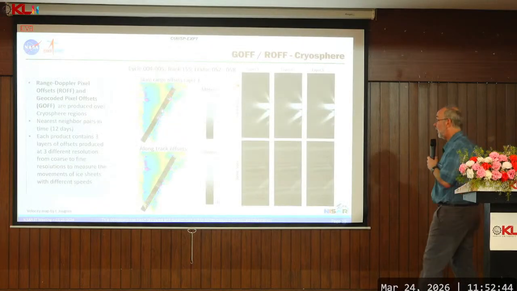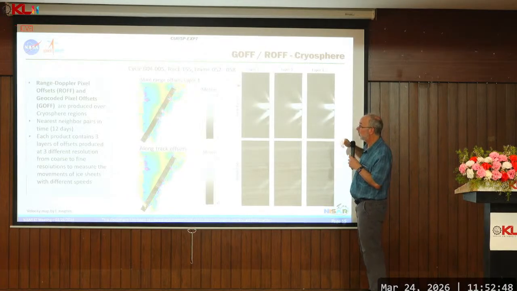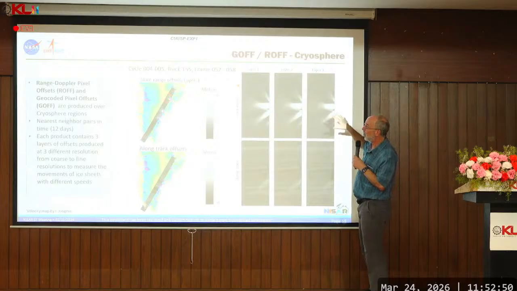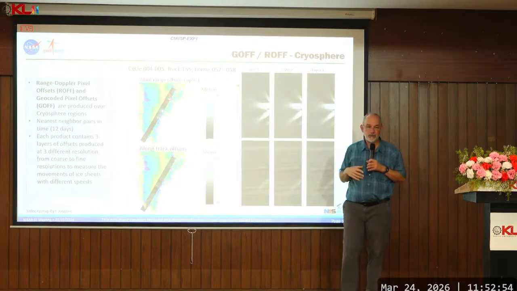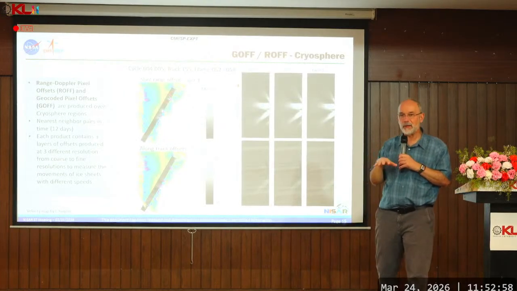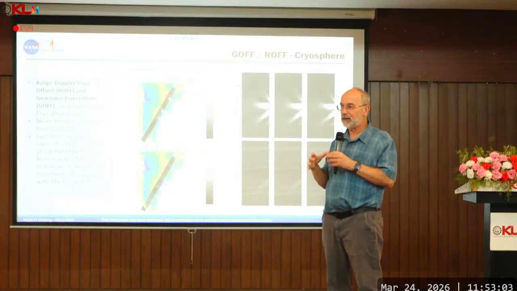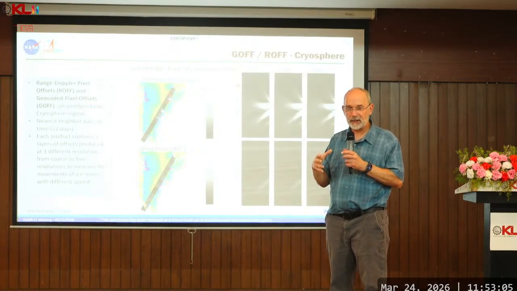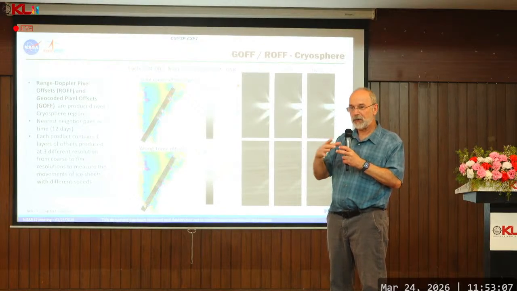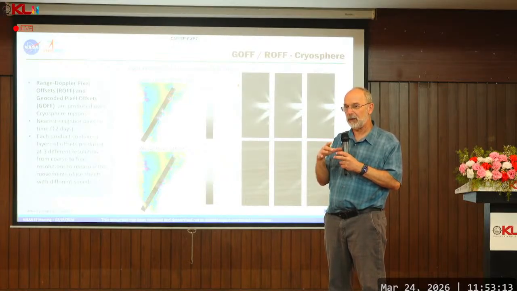One of the unique products here, which is relevant also to solid Earth, but it's mostly done for cryosphere, is the offset tracking. The ice is moving so fast that sometimes interferometry doesn't work. So in order to track very fast ice, similar to our sea ice algorithms, we can cross-correlate one image with the next and see how much pixels in one image have shifted relative to the previous one.